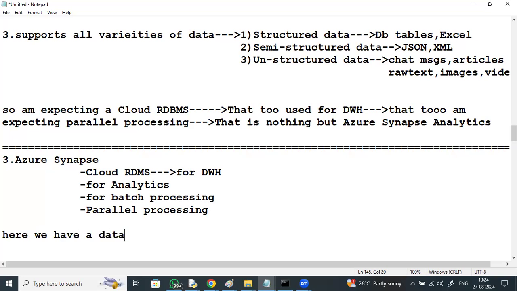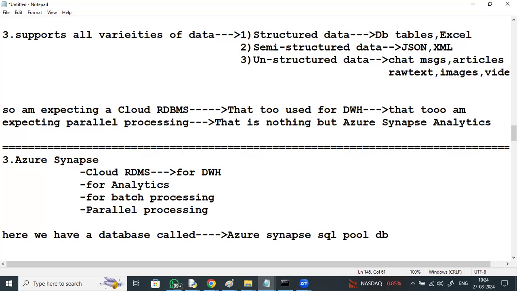we have a database called Azure Synapse SQL Pool DB.